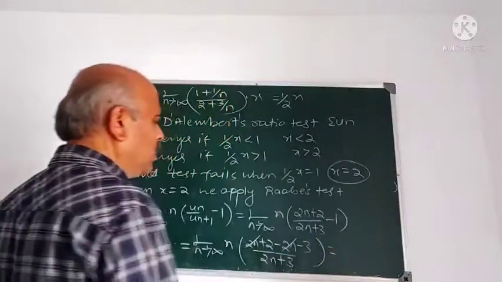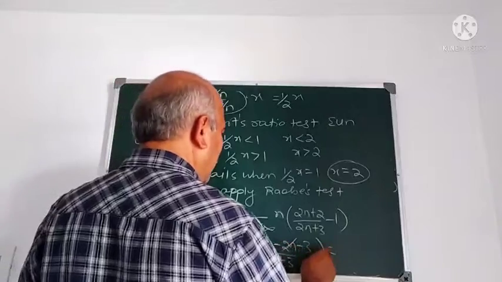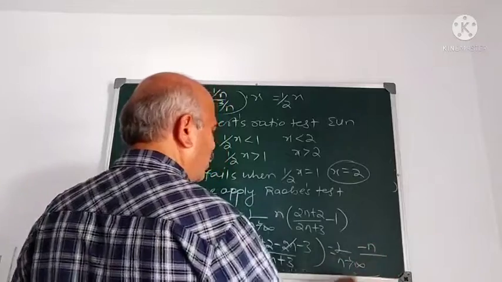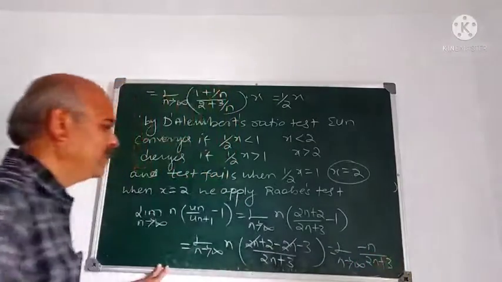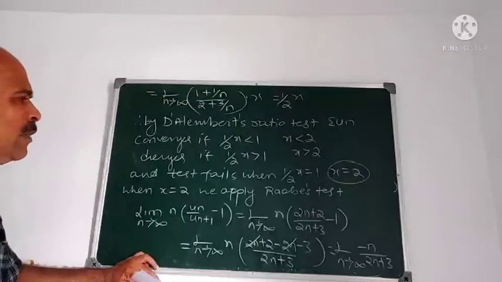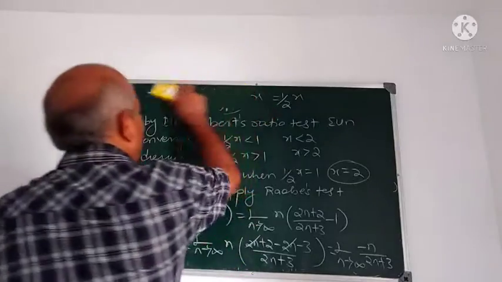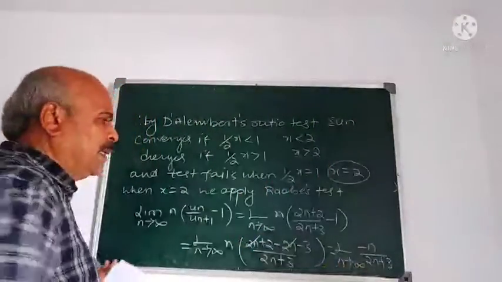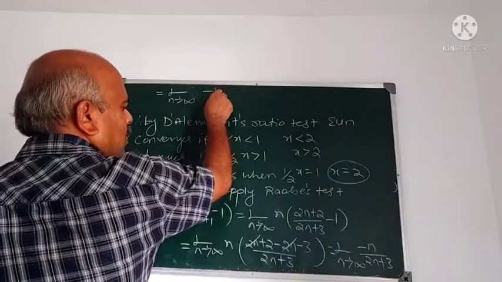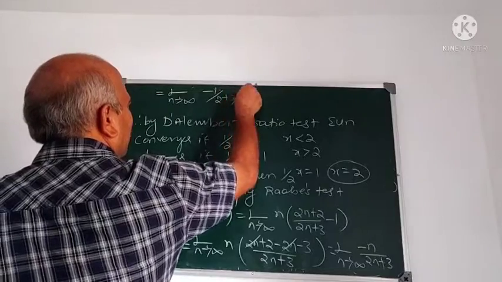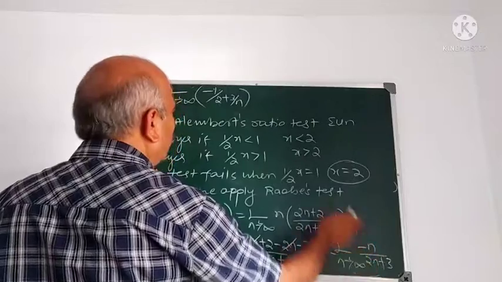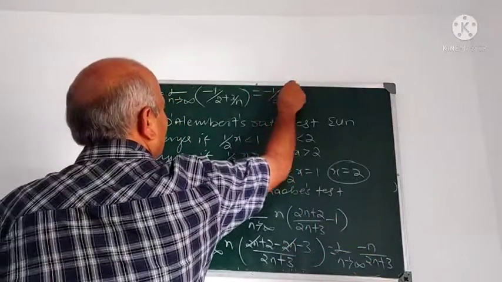So it is the limit of minus n upon 2n plus 3. Take the limit. It is the limit of minus 1 upon 2 plus 3 by n, because we divide numerator and denominator by n. It is minus 1 by 2, which is less than 1.